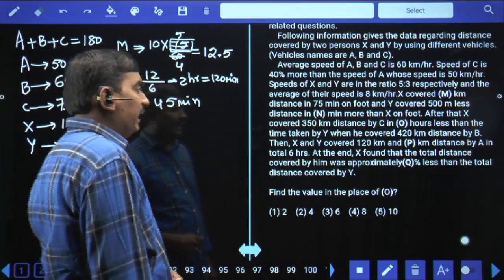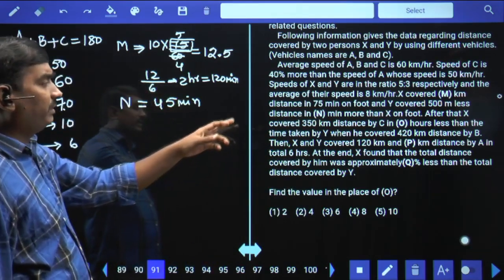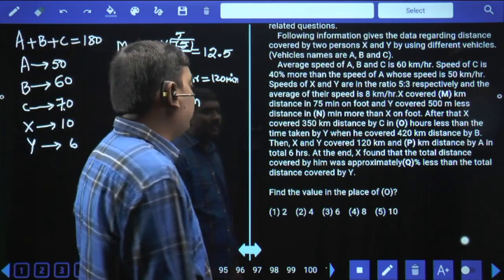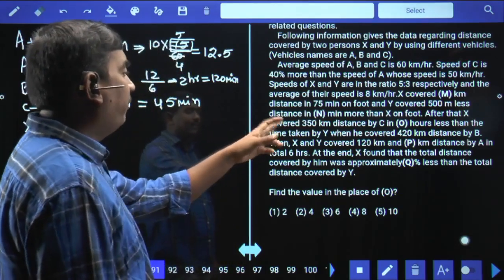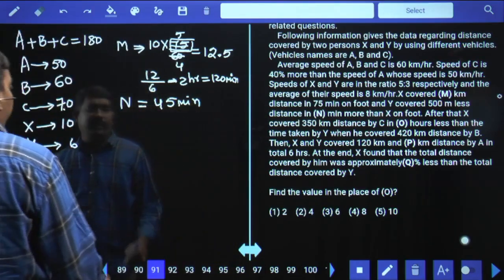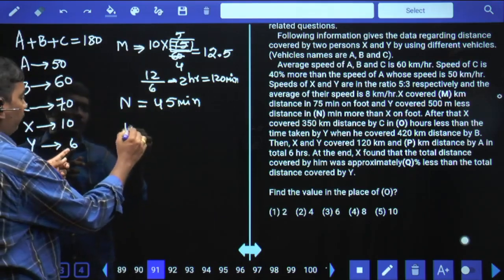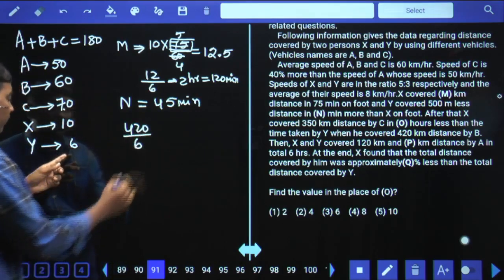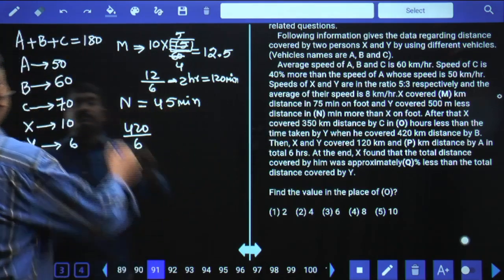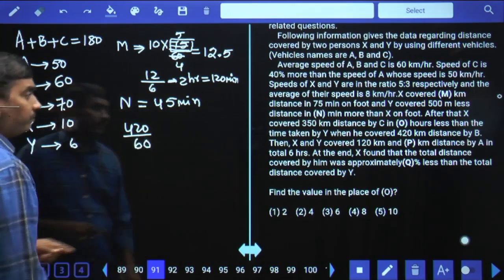After that, X covered 350 kilometers distance by C in O hours less than the time taken by Y when he covered 420 kilometers distance by B. So Y covered 420 kilometers means 420 by 60, because Y's vehicle is B, and B speed is 60.